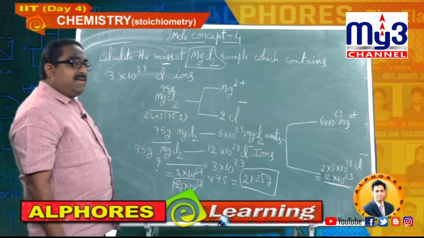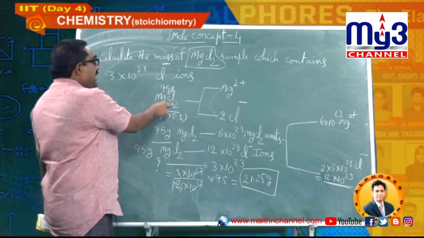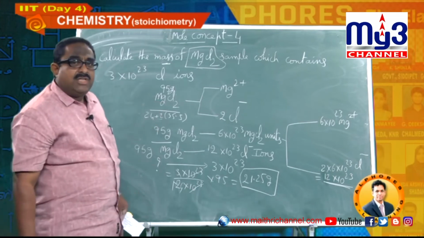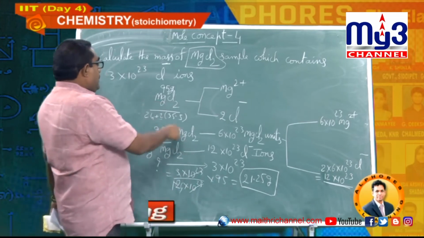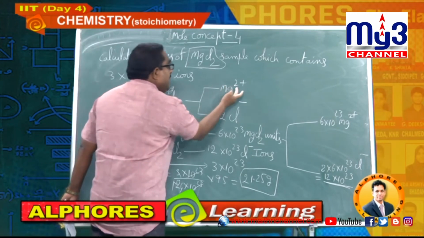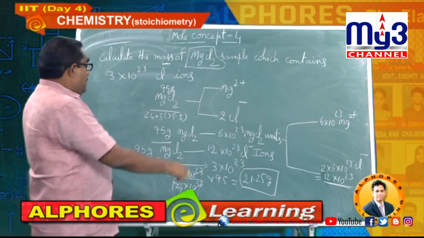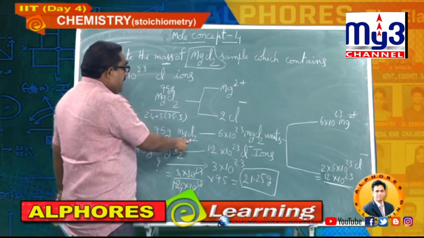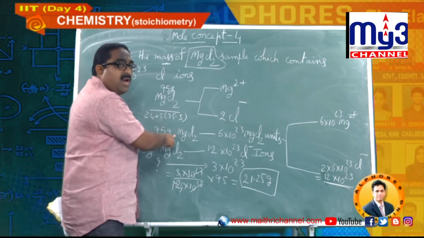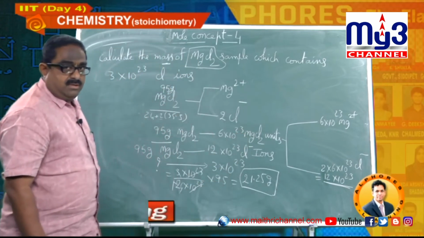So once again I am repeating the explanation. Meanwhile, you please write down. I have calculated the formula mass of magnesium chloride. Okay. 1 MgCl2 unit contains 1 magnesium 2 plus cation and 2 chloride anions. So 95 grams of magnesium chloride is its formula mass, nothing but molar mass, and it possesses Avogadro number of units, 6 into 10 power 23.